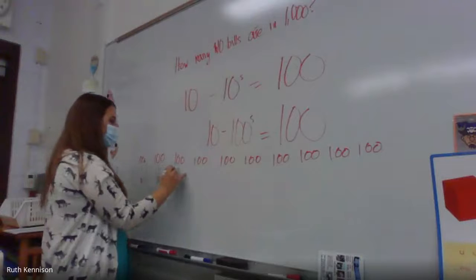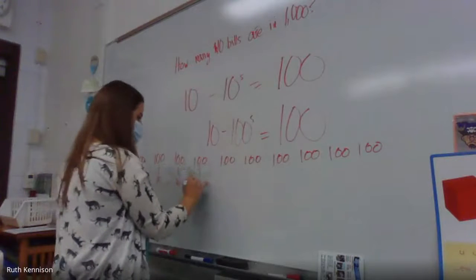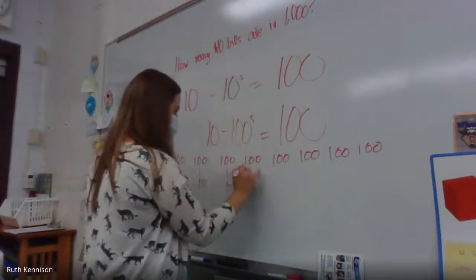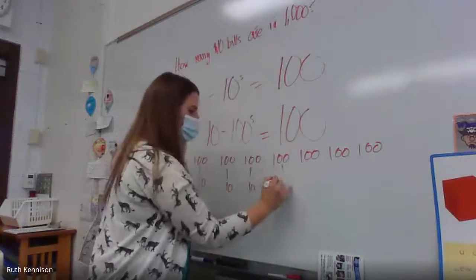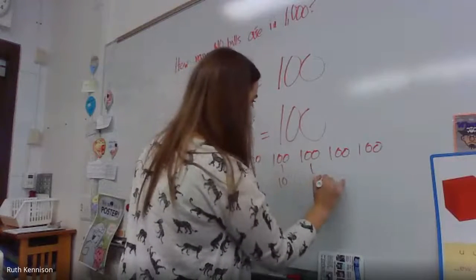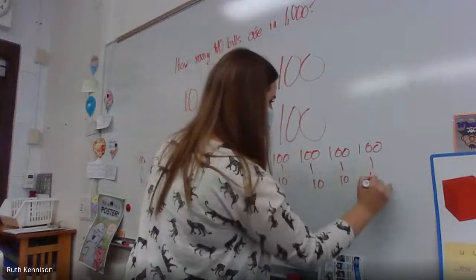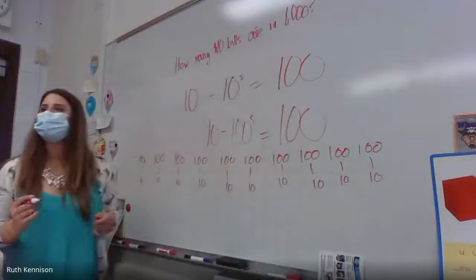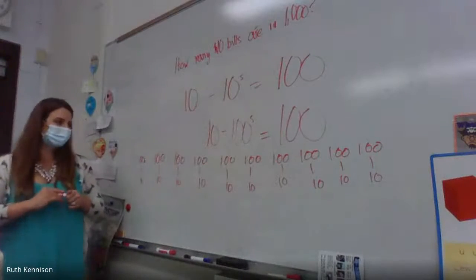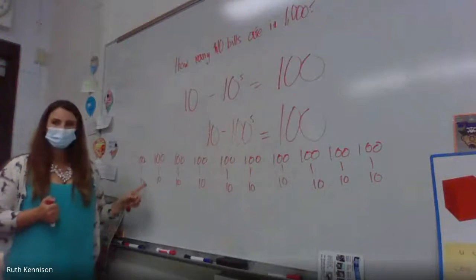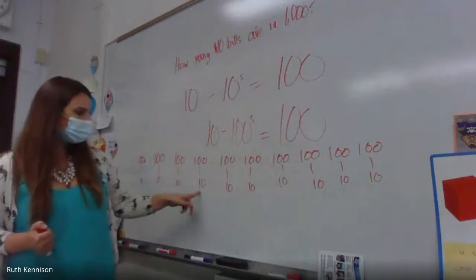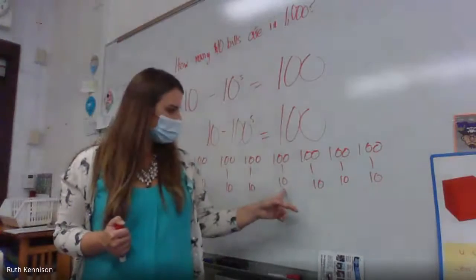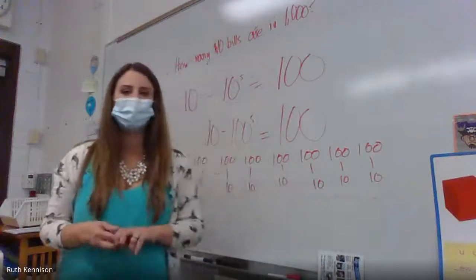Because we want to know how many tens are in it. Okay, now let's count how many tens we have. 10, 20, 30, 40, 50, 60, 70, 80, 90, 100.